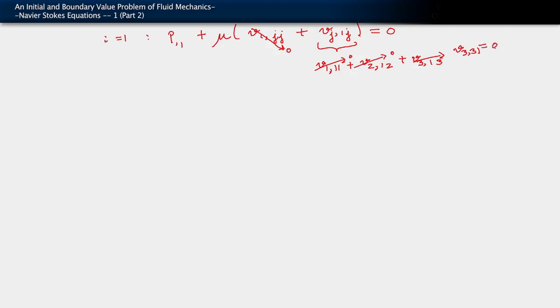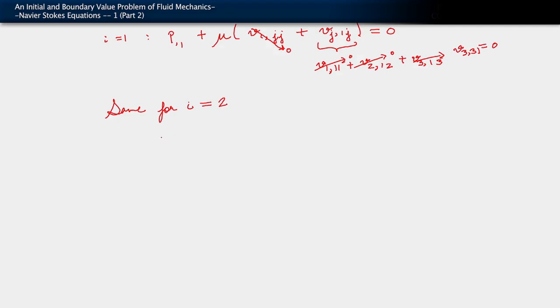Now exactly the same thing happens for i equals 2 as well. Again, this basically comes about from the fact that v1 and v2 are equal to 0, and we have v3 comma 3 equals 0 from the divergence condition.